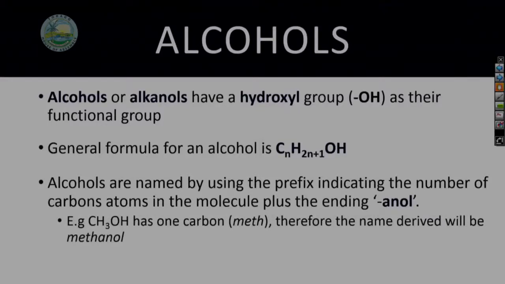An example: CH3OH. This compound has one carbon, and we know one carbon means meth. Therefore, the name is methanol.